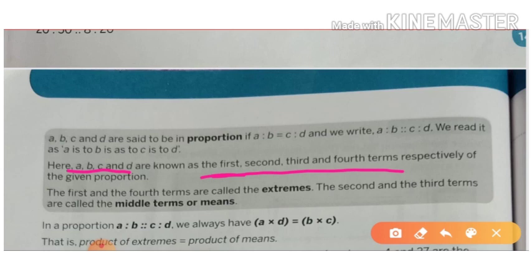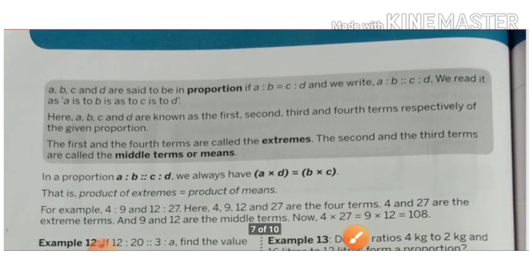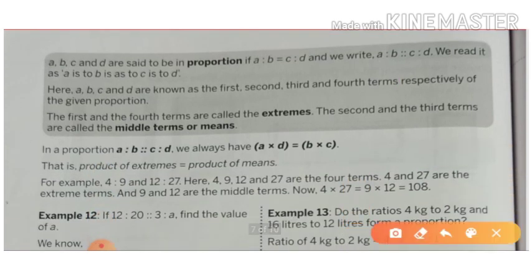And one important thing, if you see this, A and D are at the extremes, so that is why the first and the fourth terms are called extremes.